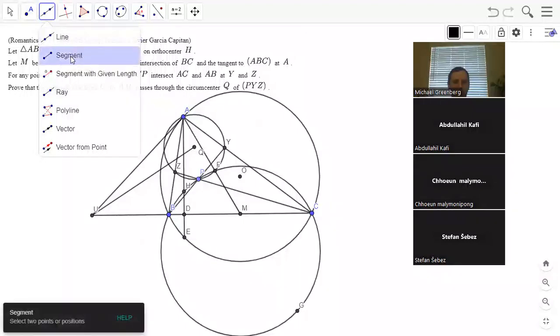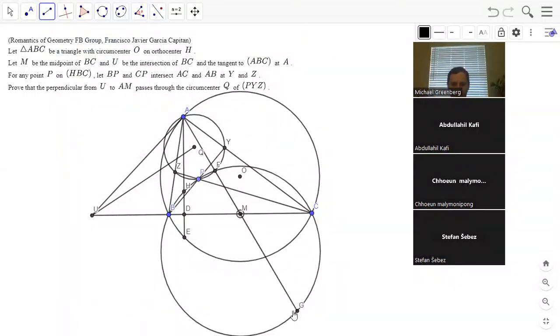So we can just do an angle chase to show that angles AYP and AFP are equal. So angle AYP is equal to PBC plus ACB.